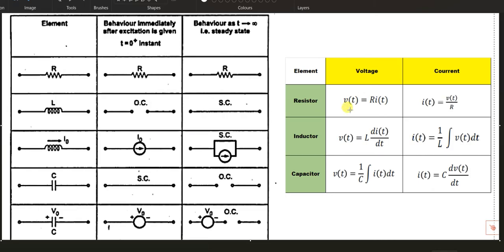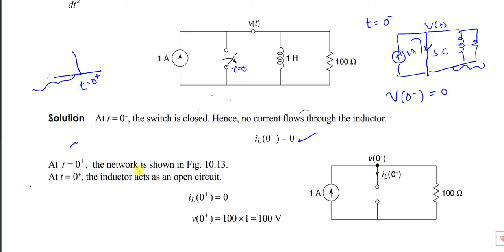At t equals 0, the inductor acts as open, and the capacitor acts as short circuit. So in our circuit only the inductor is there, so the inductor acts as open.